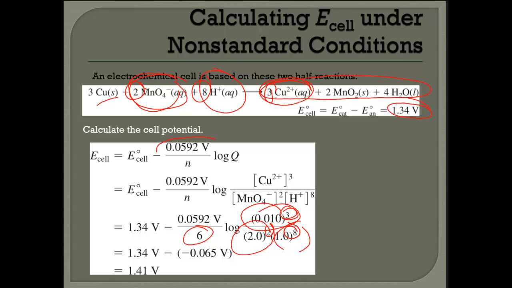That's where those numbers are coming from. Put all this math in, and you get negative 0.065 volts. You're minusing a negative, so it ends up adding to be 1.41 volts. And that's how you do the Nernst equation.